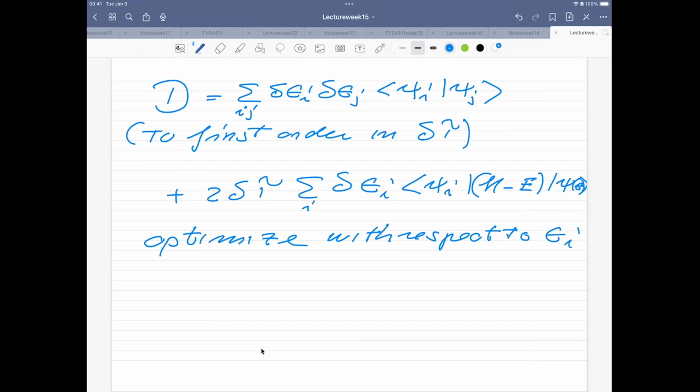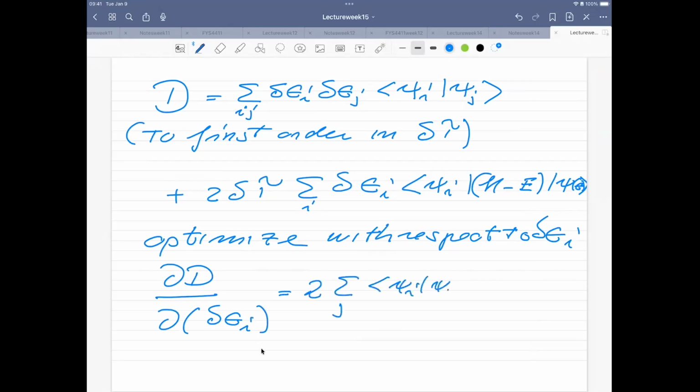With respect to this parameter, I get a derivative of this function d with respect to this small change delta theta i, and that gives us then a factor of 2 times the sum over j of psi i, psi j, multiplied with delta theta j, plus 2 times delta tau, and then I have the real part of h minus e multiplied with psi of theta, like that.